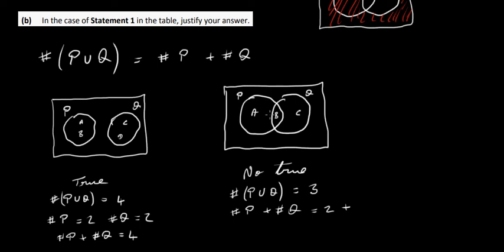The cardinal number of Q is B and C here, which is 2, so it's 4. So 4 is not equal to 3 here, so it's not true. So that's really it. In the case where there's no intersection, it will be true. In the case where there is an intersection here, it will not be true.